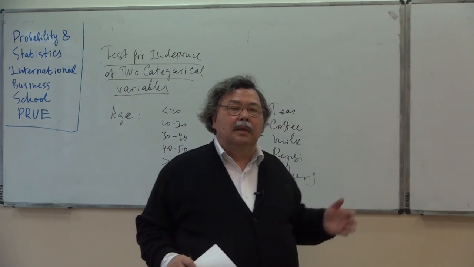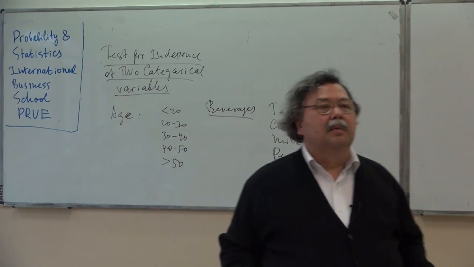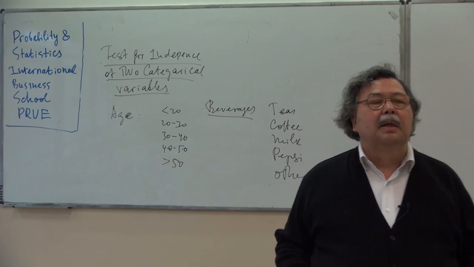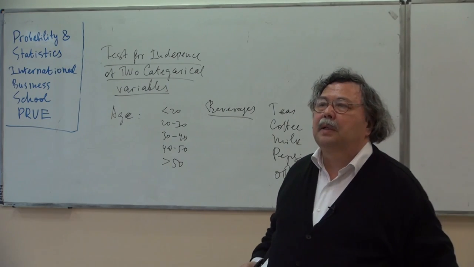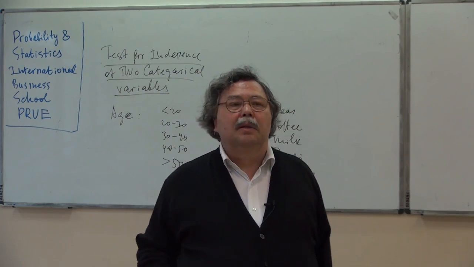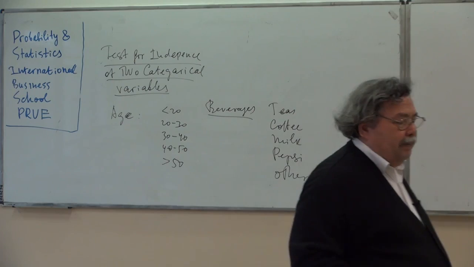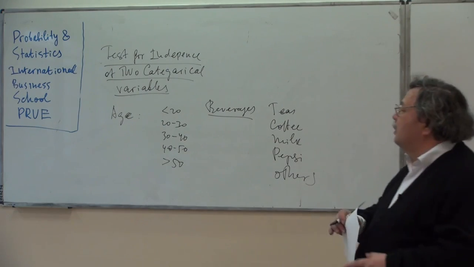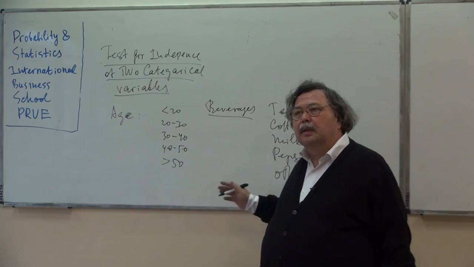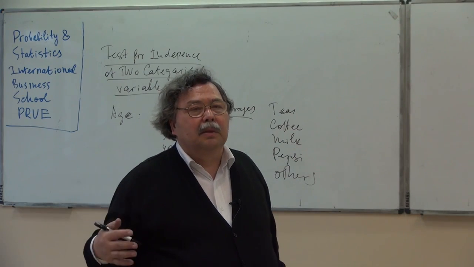And again, you run a survey, you interview a large number of people, you get responses, you form this contingency table, and then you do something very similar to what we have just done in this homogeneity test, and the only technical distinction is that the number of respondents that fall within each of these categories is not predetermined.